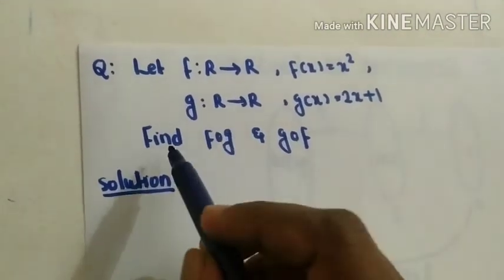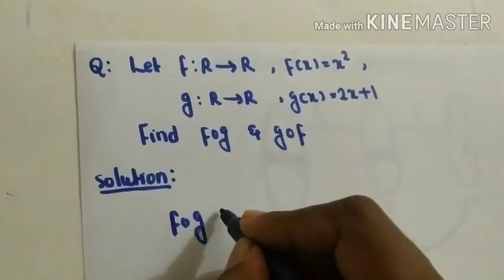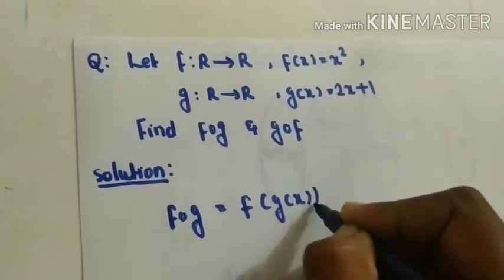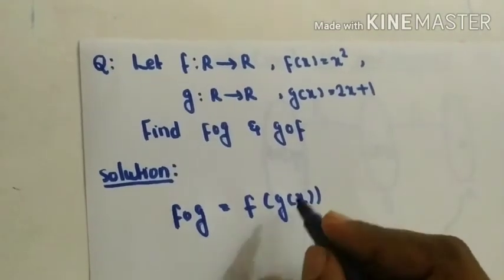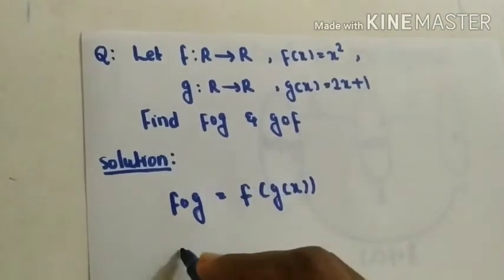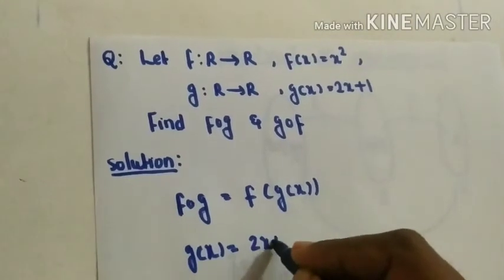Beginning with f of g, we know that f of g equals f of g of x. In place of g of x, we have g of x equal to 2x plus 1.